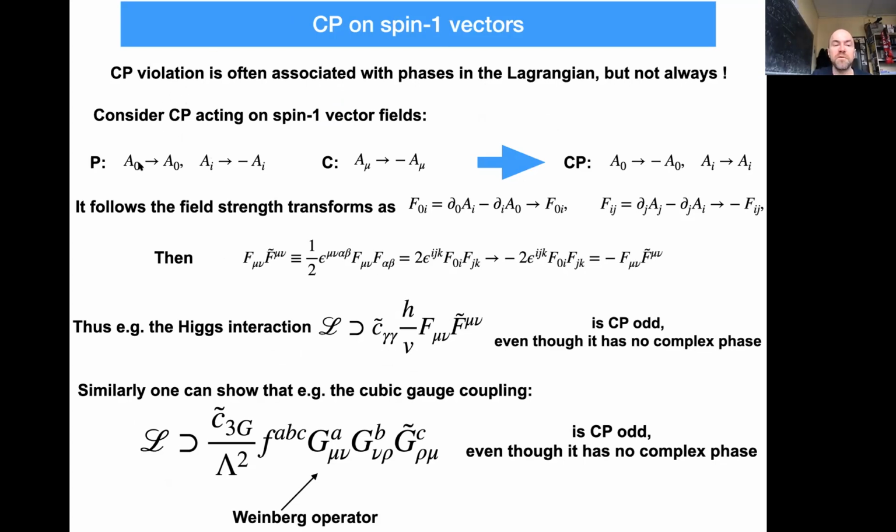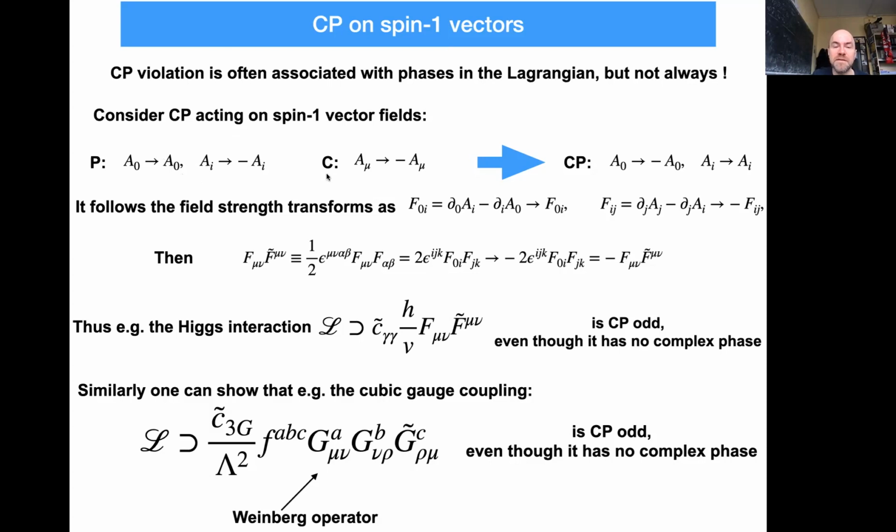This is obvious. The vector potential for the photon is a vector. So parity changes the vector part of the four-vector describing the Lorentz potential of the electromagnetic field into minus itself, and it doesn't change the A0 part.